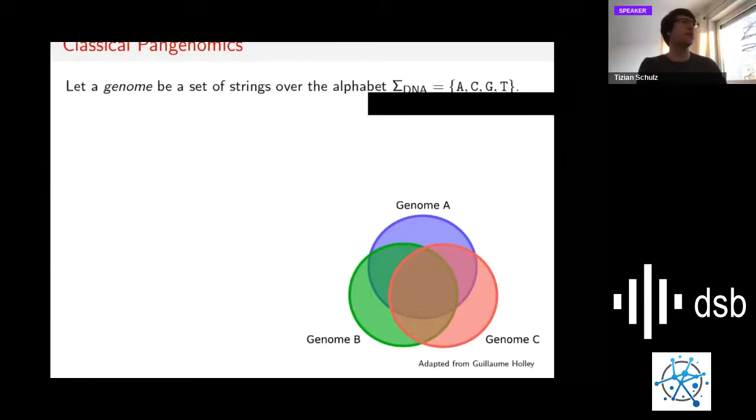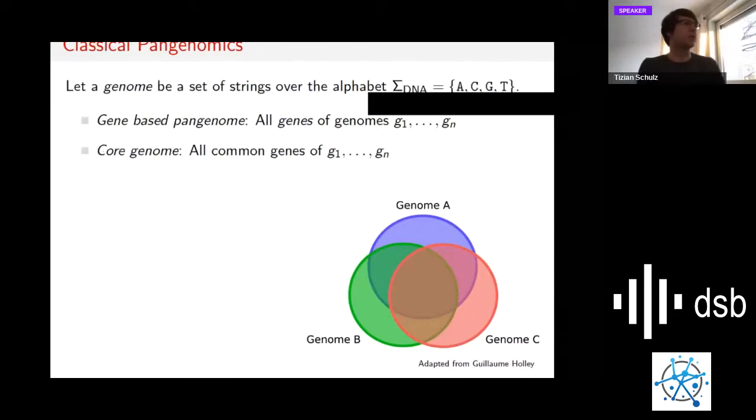Let's assume a genome is a set of strings over the DNA alphabet. Then we can say that a gene-based pangenome is the set of all the genes of the individual genomes, and a core genome is then all the genes shared by all the individual genomes.